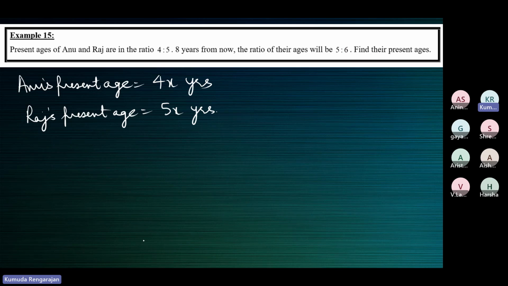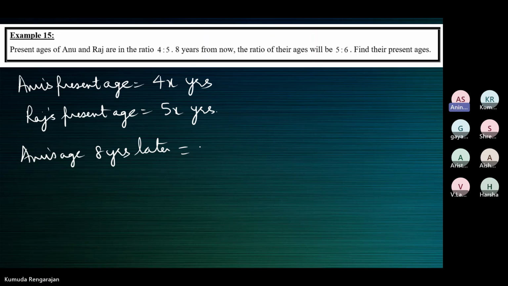8 years from now. So we are diving 8 years into the future. Anu's age 8 years hence, meaning 8 years later, will be 4x plus 8. If you are now 13 years old, 8 years later you would be 13 plus 8.